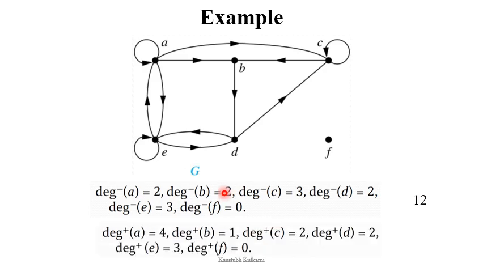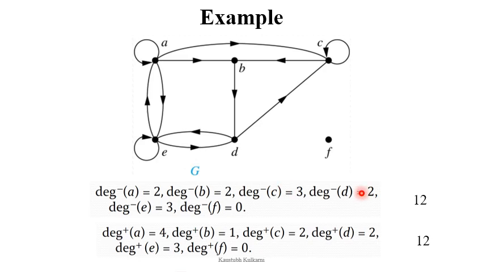For out degrees, out degree of A: one outgoing edge, two outgoing edges, third outgoing edge, and the fourth one is because of the self loop. For B, there is only one outgoing edge, and so on. So 4 plus 1, 5 plus 2, 7 plus 2, 9 plus 3, 12. Verified.